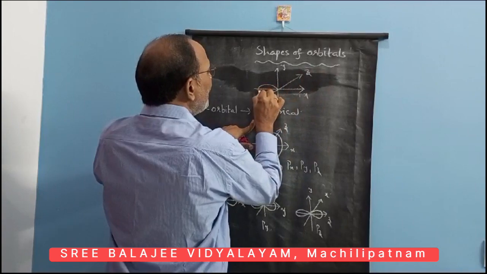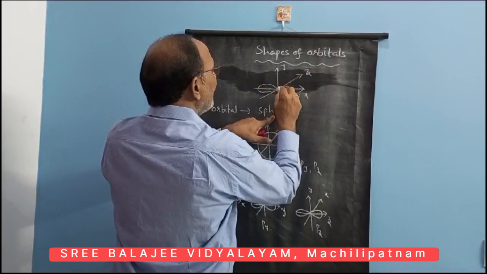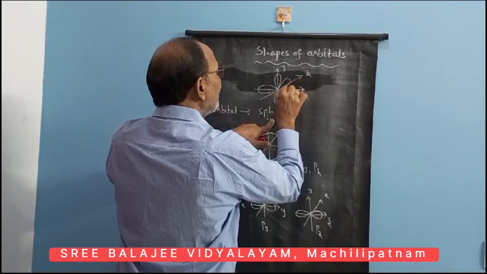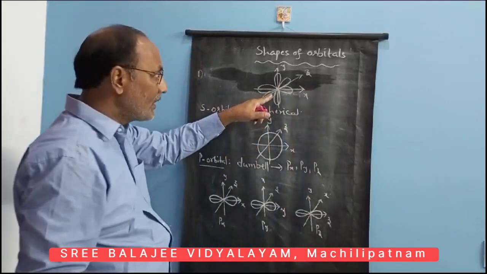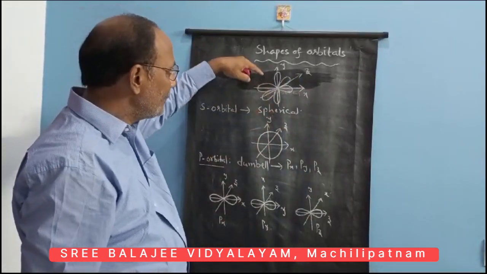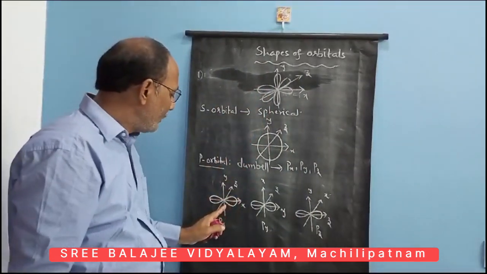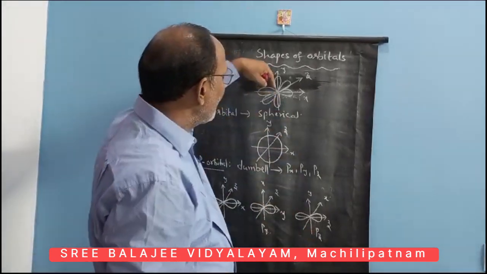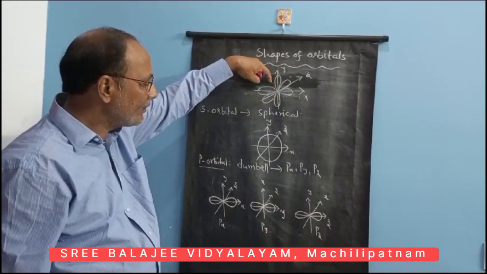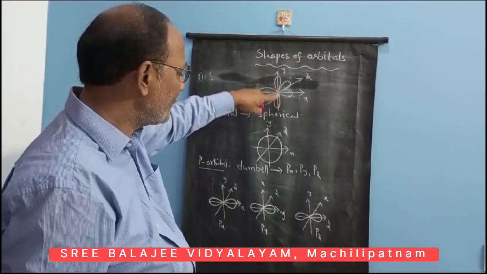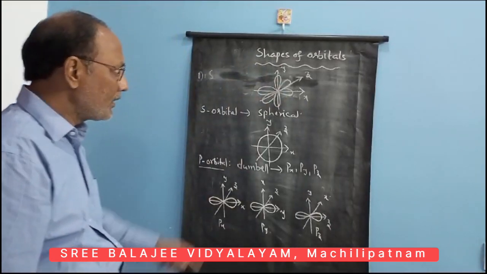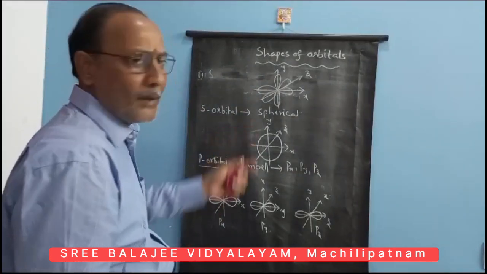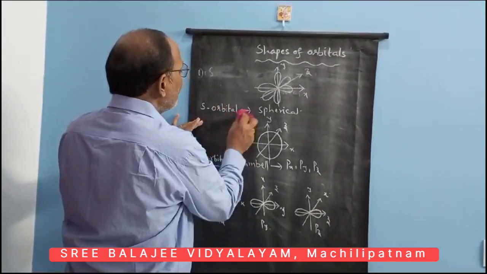One dumbbell is along the x-axis, one more is along the y-axis, and the third one is along the z-axis. So this is the combination of the three orbitals px, py, pz. Individually you have to draw the px, py, pz orbitals like this, and the combination of the three orbitals results in this shape. This is the model showing you the p orbitals.